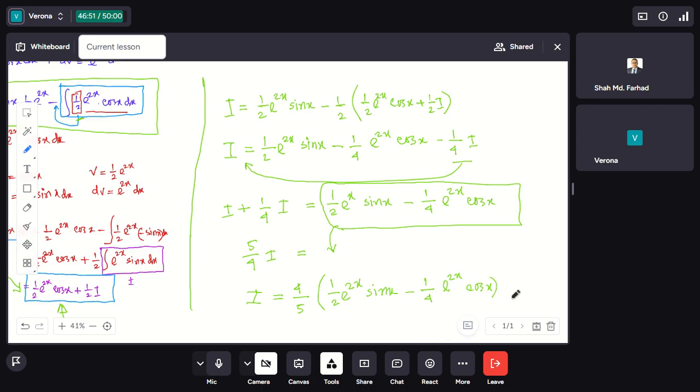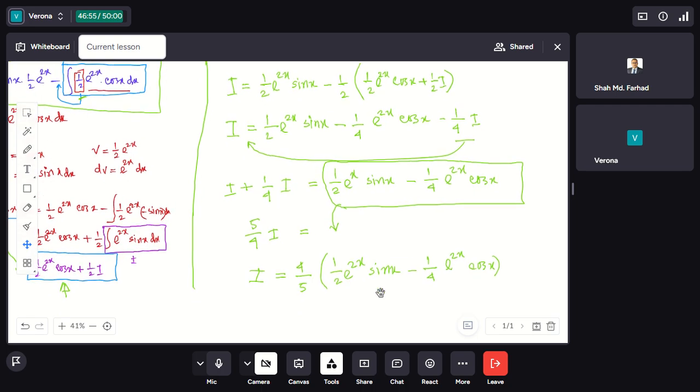And then you can also simplify this. If we take 1 over 4 common, then it will be 2 here, right?